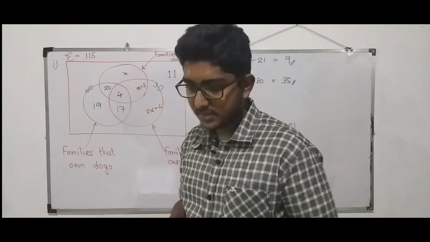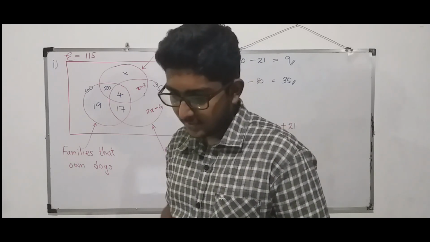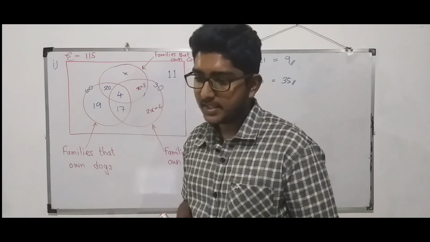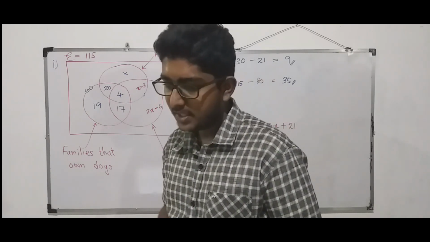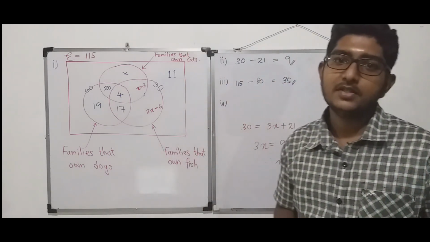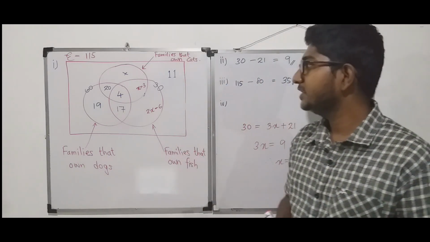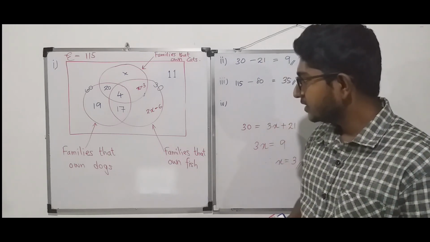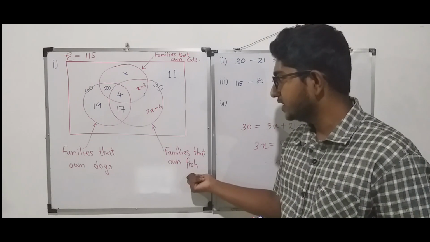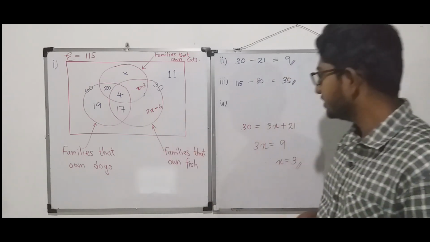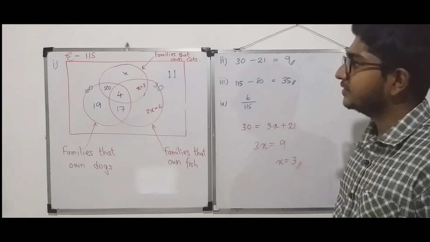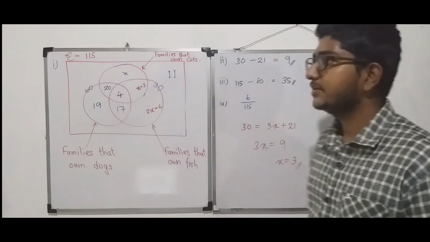So what is the question finally asked? Find the probability of a family selected at random from those surveyed being a family that owns only fish. So we have to identify the value in the region having only fish. Only fish is 6, out of the entire universal set 150.